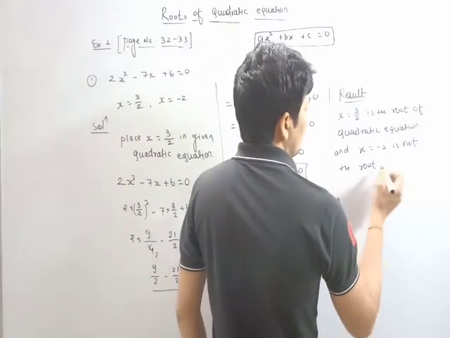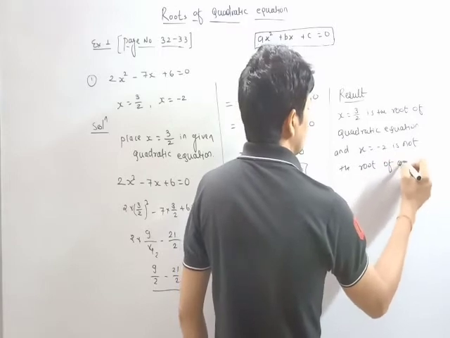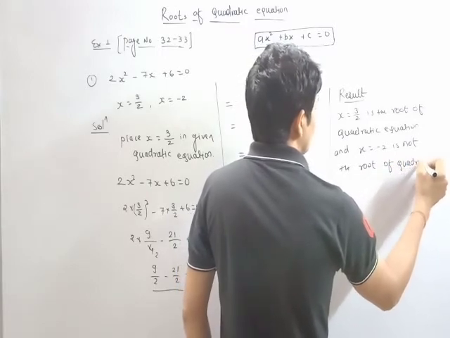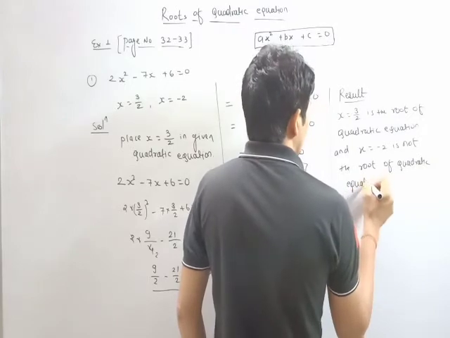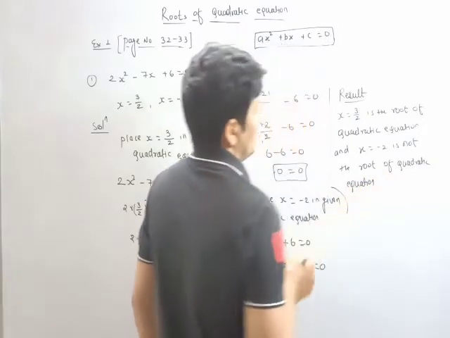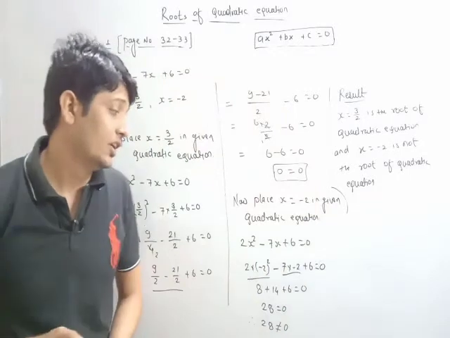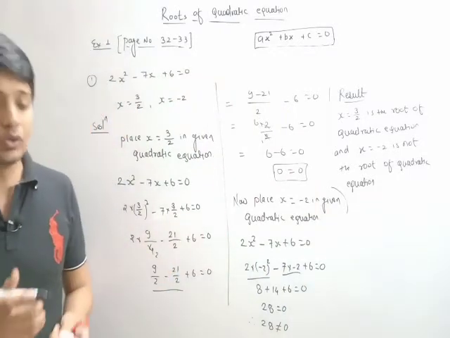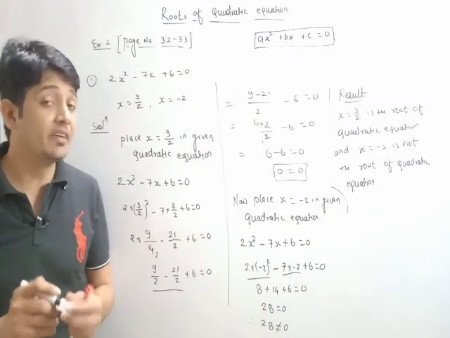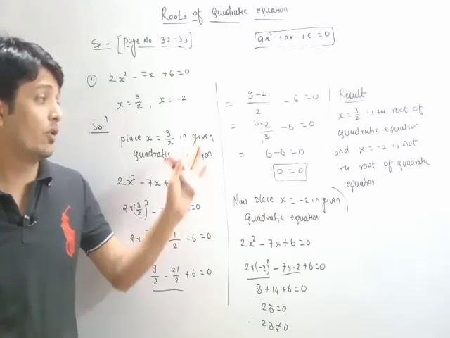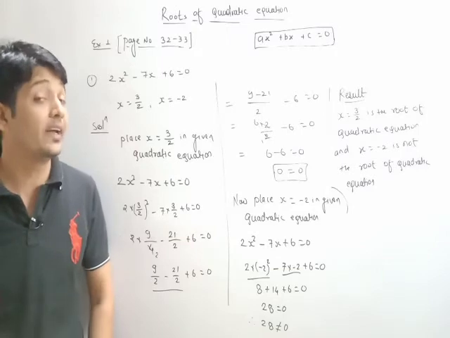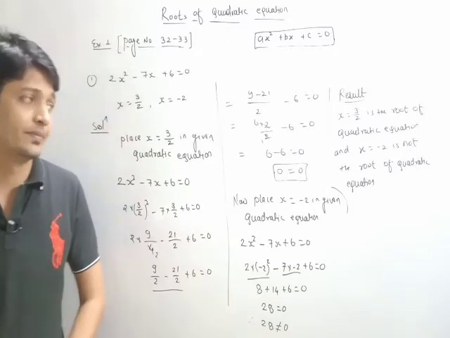It is not the root of the quadratic equation. So this is the answer. In the same way you have to solve a few examples which are given in your exercise 2.1. If you want to write, you can write from here only, or you can take a screenshot also.